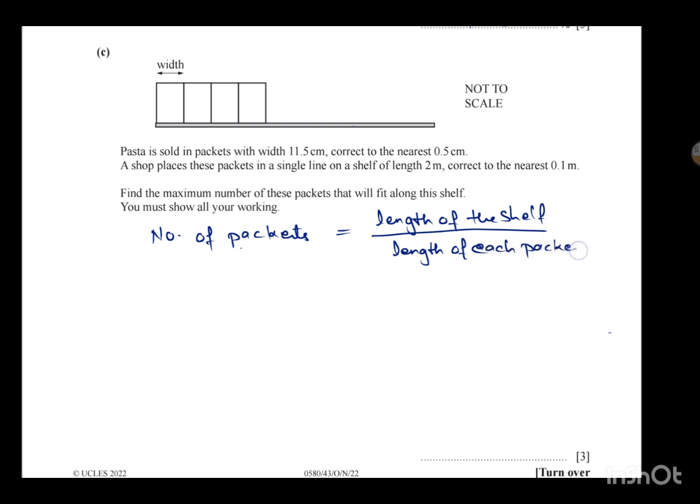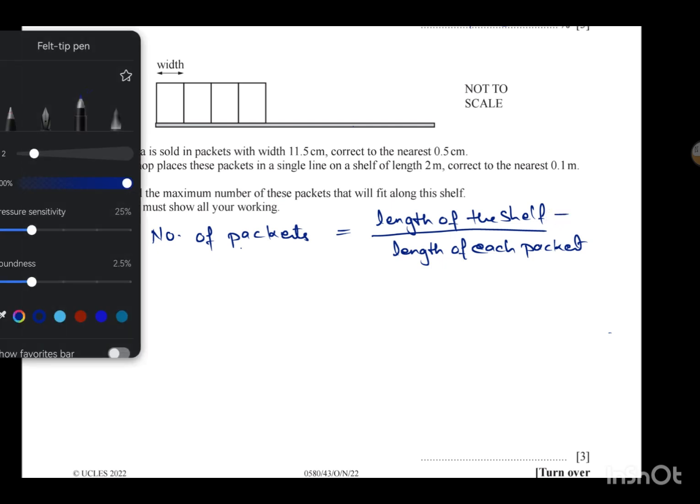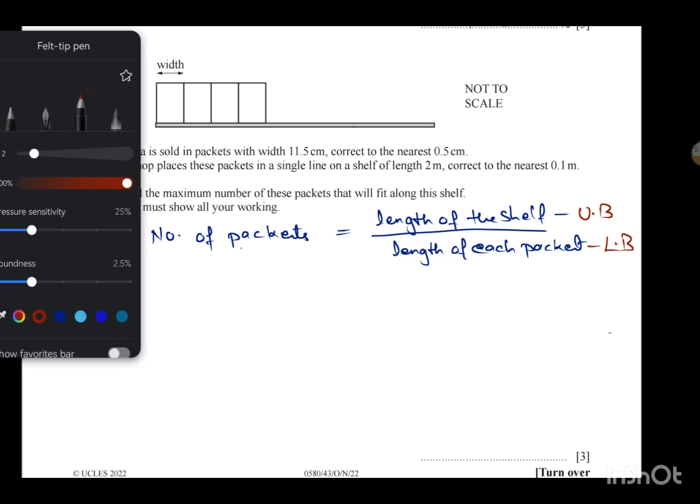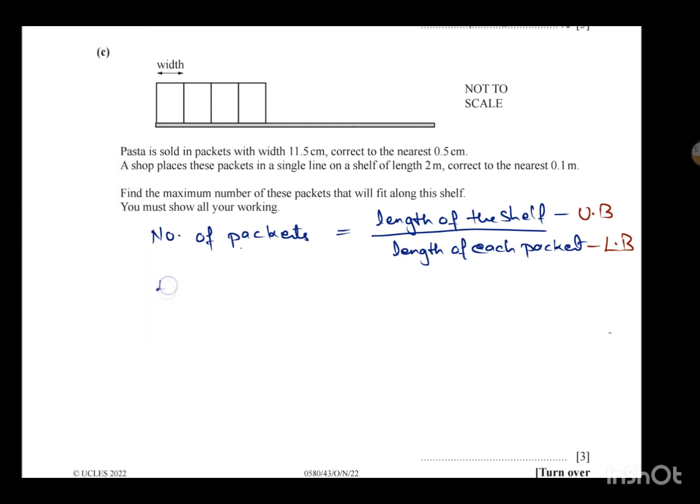So for this, to get the upper bound of number of packets, we need to take the upper bound of the length of shelf and the lower bound of length of each packet. So find out the lower bound of length of each packet.